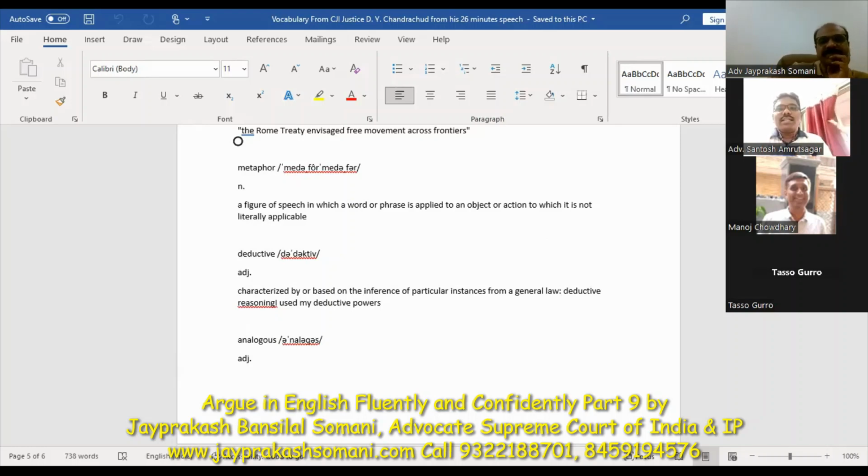That means the irrelevant document is not a metaphor in the court. Correct.